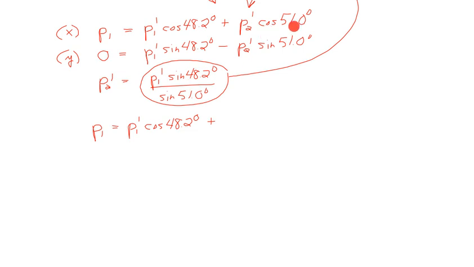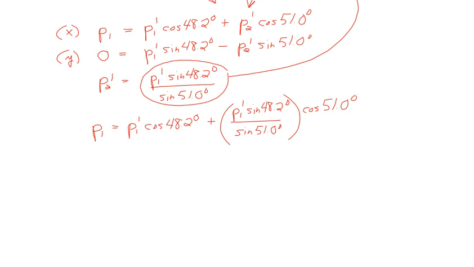But I'm still going to have a cosine 51 at the end. So it's going to be P1 prime sine of 48.2 degrees divided by the sine of 51 degrees times the cosine of 51 degrees.